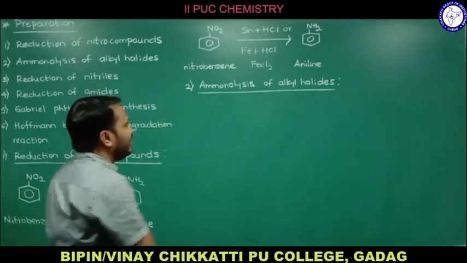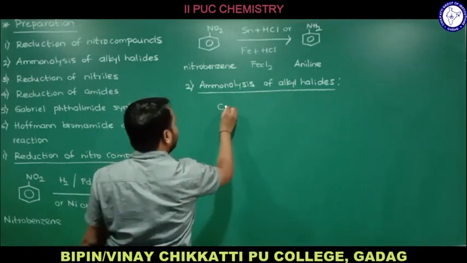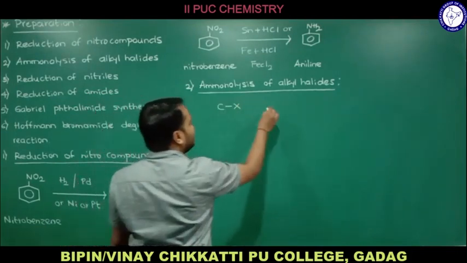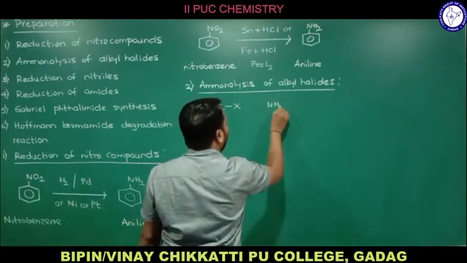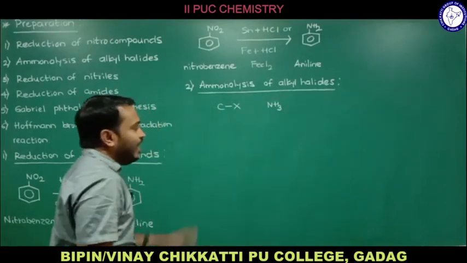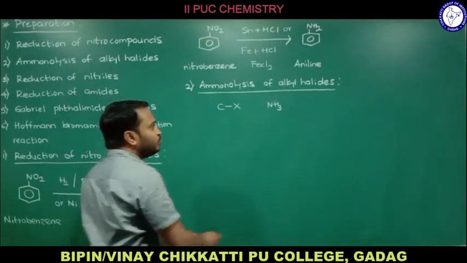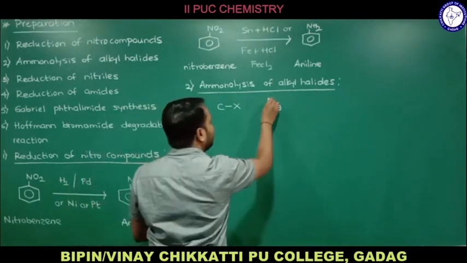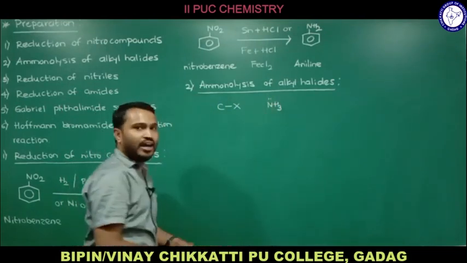So now here, let me consider an alkyl halide. In that we have a C-X bond, isn't it? And for ammonolysis, of course, we need to consider the molecule of ammonia. Here, as we know the structure of ammonia, the nitrogen contains a lone pair of electrons.